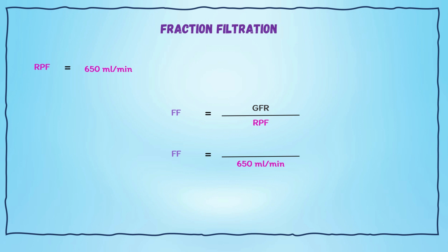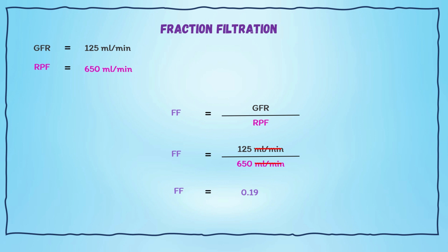If renal plasma flow is 650 milliliter per minute and glomerular filtration rate is 125 milliliter per minute, the filtration fraction is 0.19. So this is the importance of renal clearance.